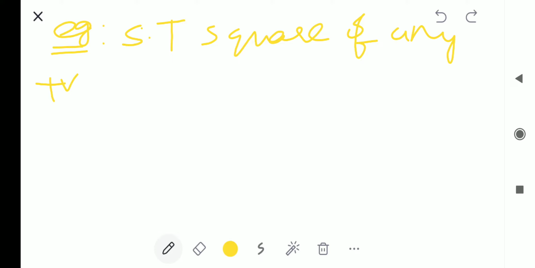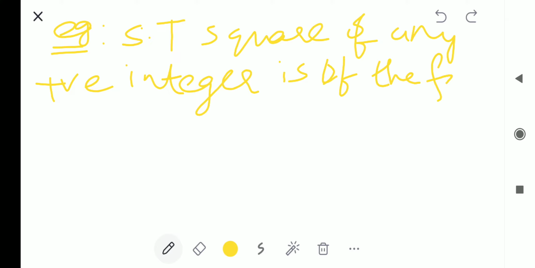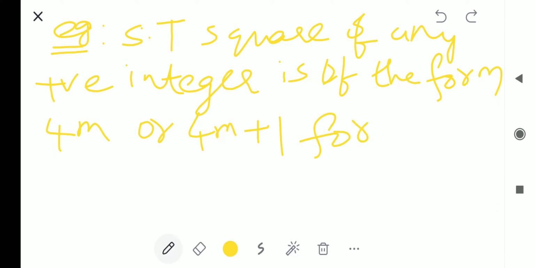square of any positive integer is of the form 4m or 4m plus 1 for some integer m.